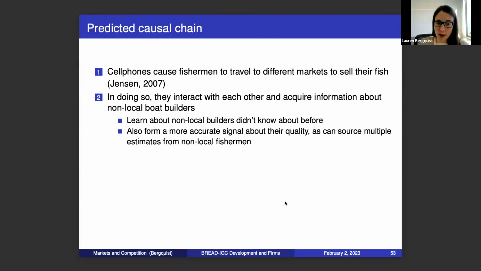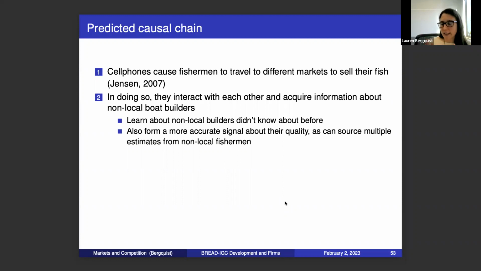In doing so, they're interacting with other fishermen, right? And they're chatting about, for example, where did you buy your boat? How good quality is that boat builder? They're getting information about non-local boat builders. So they'll learn about, again, first the existence of non-local builders they didn't know about before, but they'll also potentially form a more accurate signal about the quality, right? So there's some natural variability in, say, the quality of the boats.